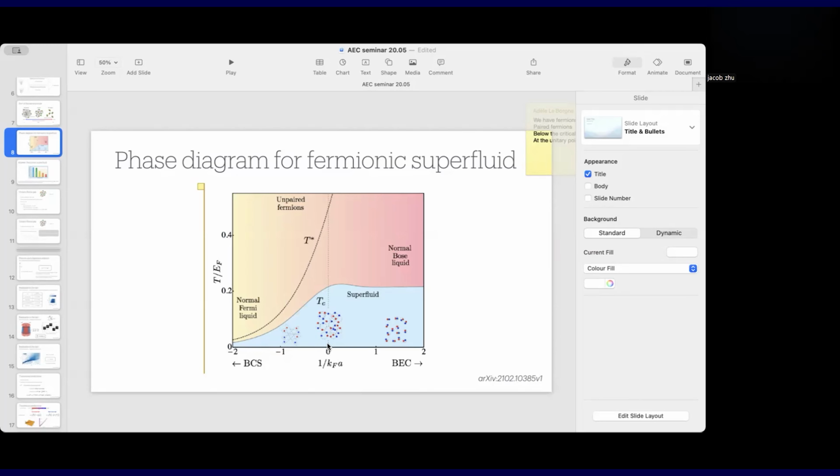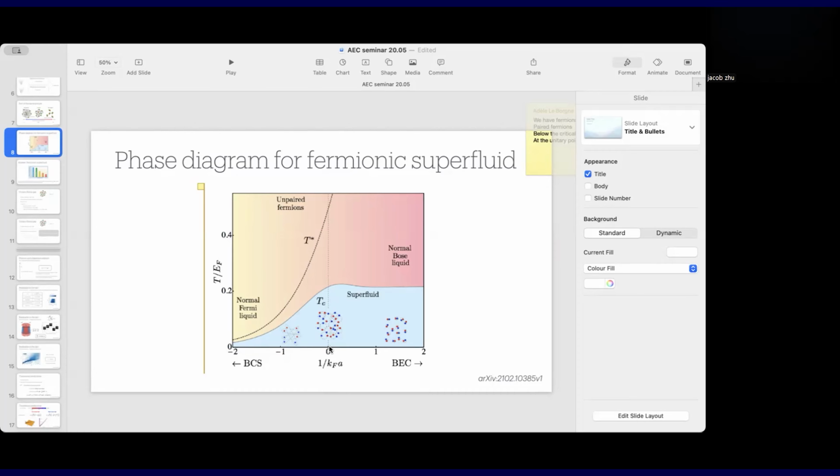But in the experiment they're really close to the critical one, so computing the temperature effect is important.